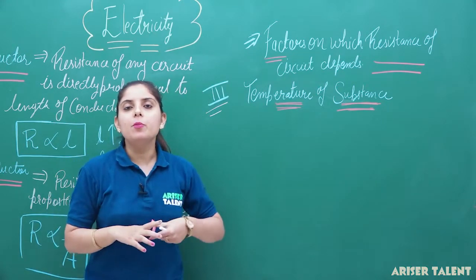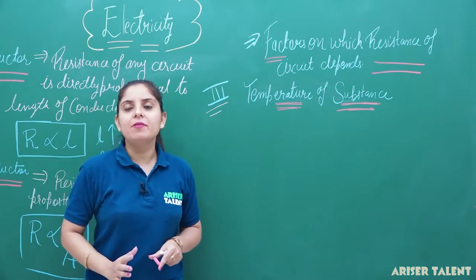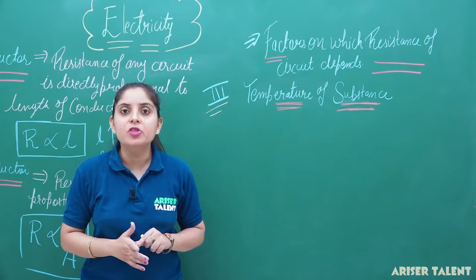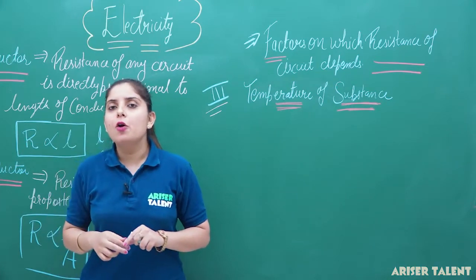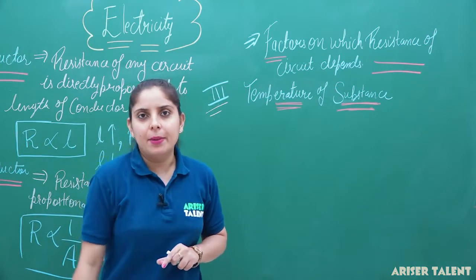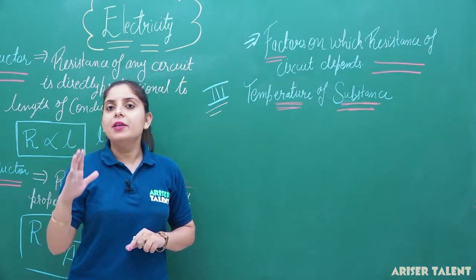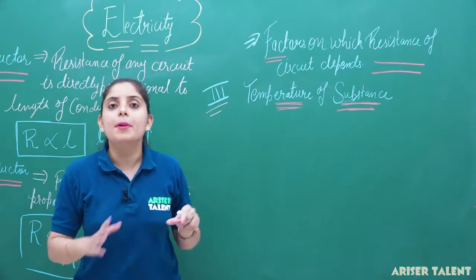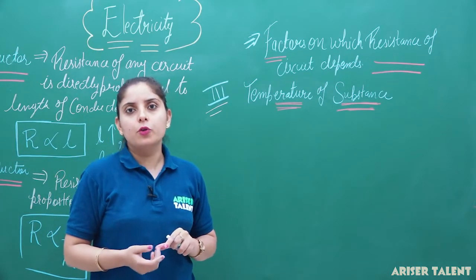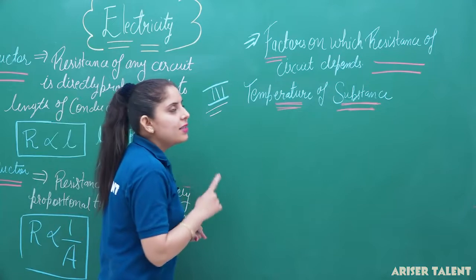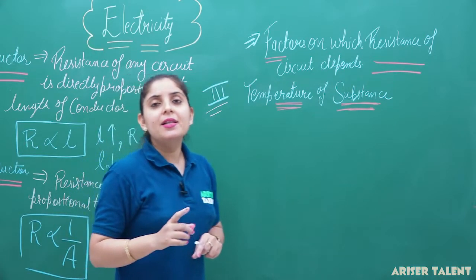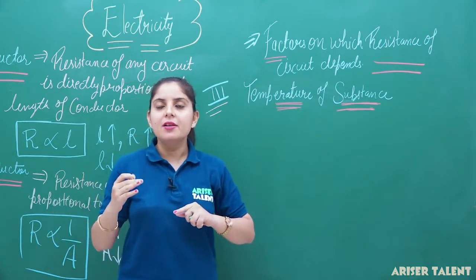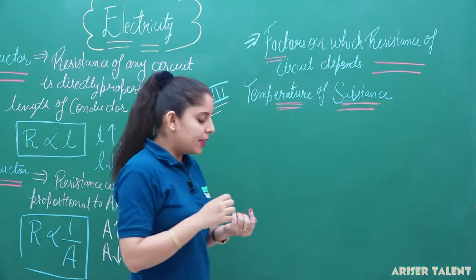If I am talking about the pure metals, the resistance of the metal will decrease on increasing the temperature, but in case of the alloys it will show a slight increment. So we can say that if the temperature is increased, for the semiconductors the resistance will increase, but for the metals the resistance will be decreased, because on increasing temperature, in case of the metal, conduction increases. So conduction and resistance are opposite to each other, so the resistance will be decreased.